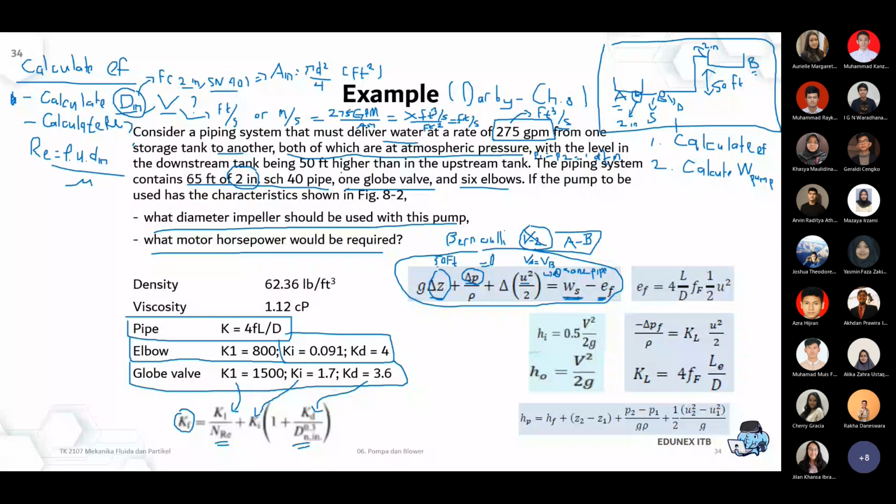But if the number is not provided, then you can assume the typical physical properties of water. The velocity, the feet per second or the meter per second, will be used in the Reynolds. The inside diameter will be used in the Reynolds as well. Any questions so far?